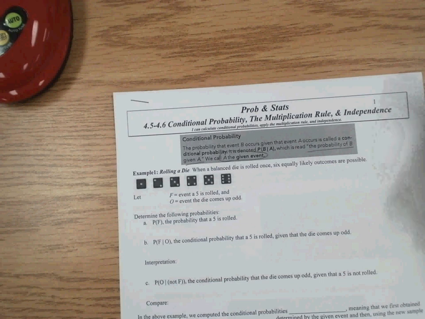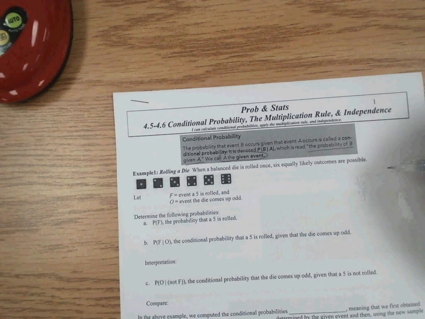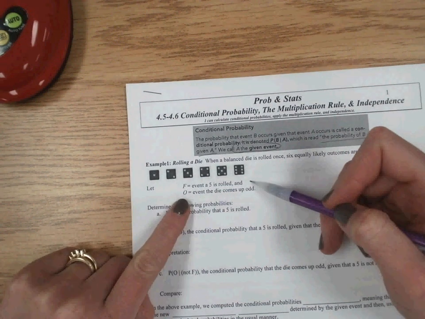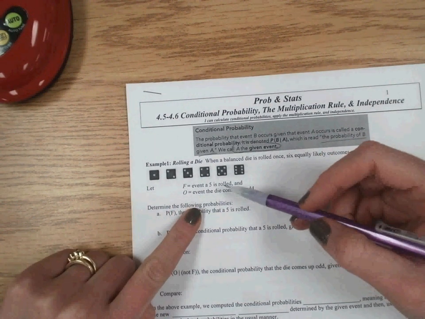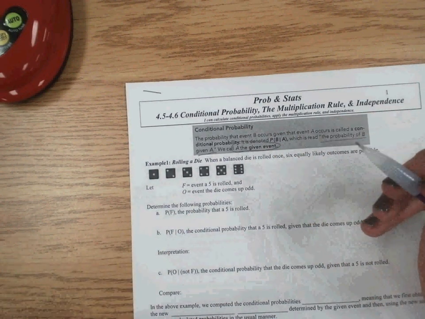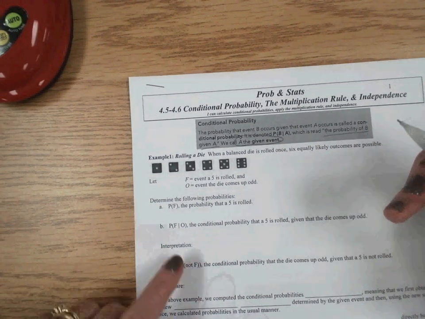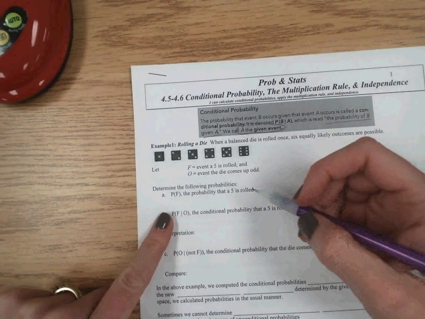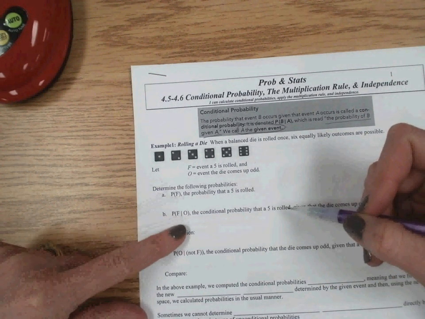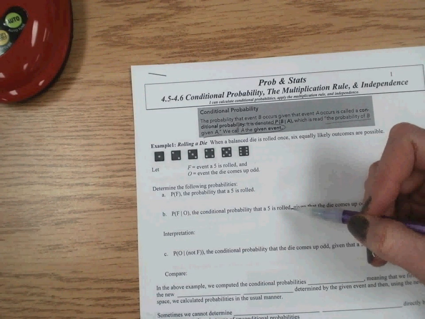So example 1. When a balanced die is rolled once, 6 equally likely outcomes are possible. We let event F equal a 5 is rolled, and O equal the event that the die comes up odd. To determine the probability of F, we're going to determine a few different probabilities.